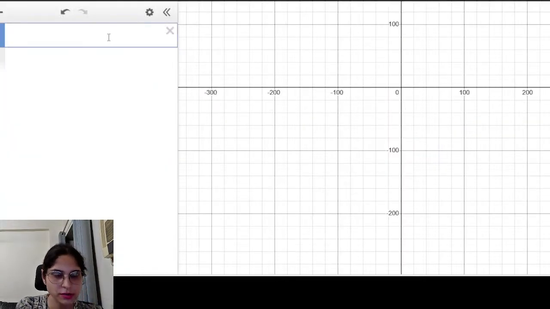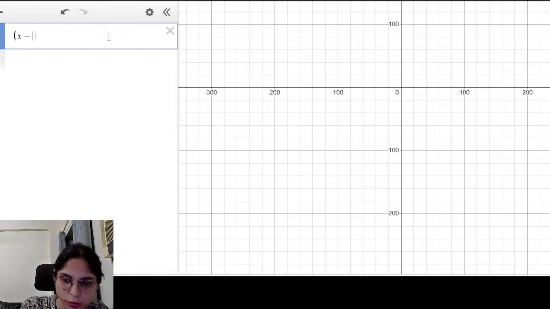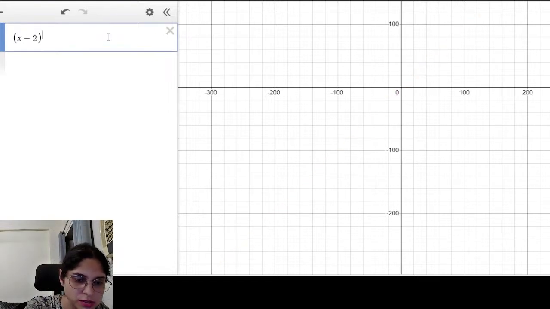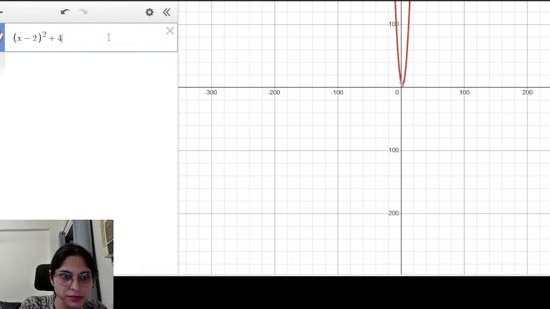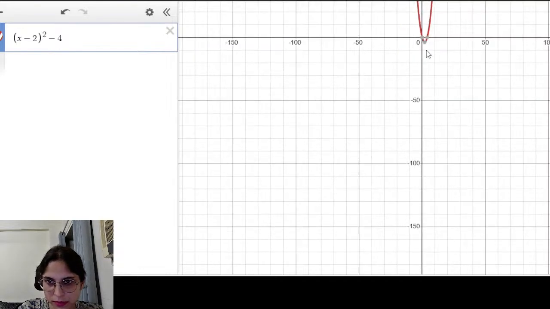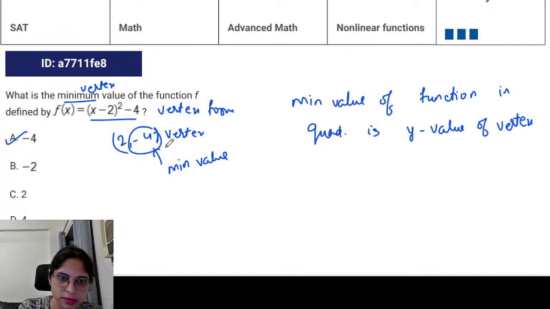Or you can go here. Trust me, if you know the concepts, it's much easier because you can get your answer faster, and that will save you time. (2, -4) is the answer. That's the minimum value.